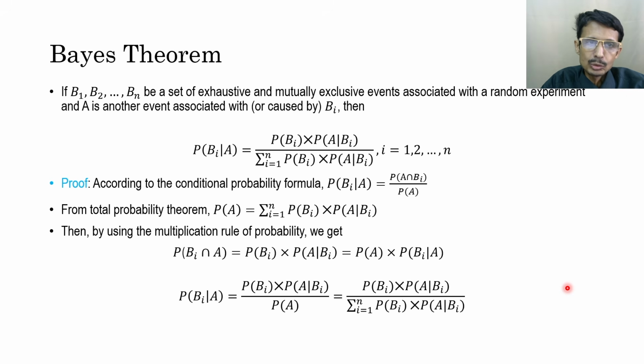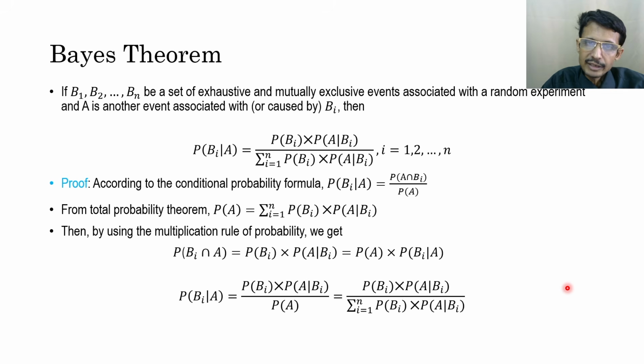If B1, B2, up to Bn are a set of exhaustive and mutually exclusive events associated with a random experiment, and A is another event associated with or caused by Bi, then as per Bayes theorem, the probability of Bi given A is equal to P of Bi multiplied by P of A given Bi, divided by the summation from i equal to 1 to n of P of Bi multiplied by P of A given Bi.